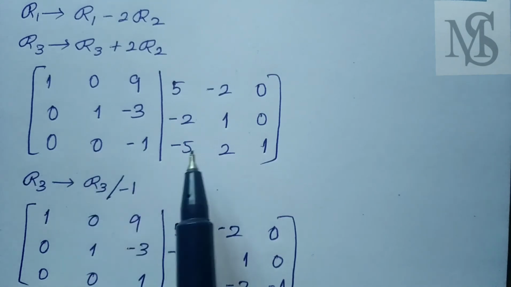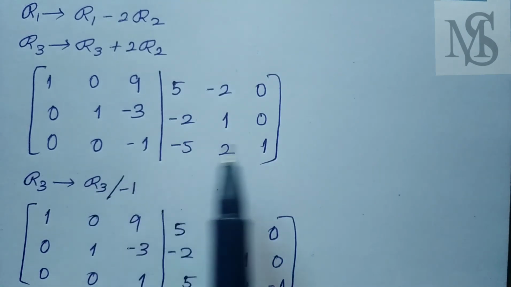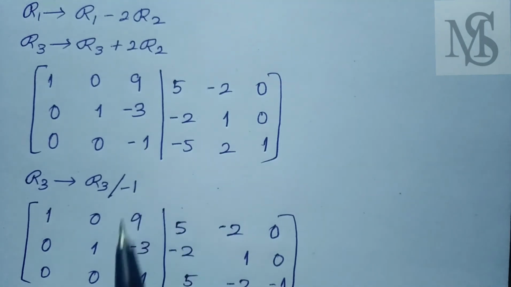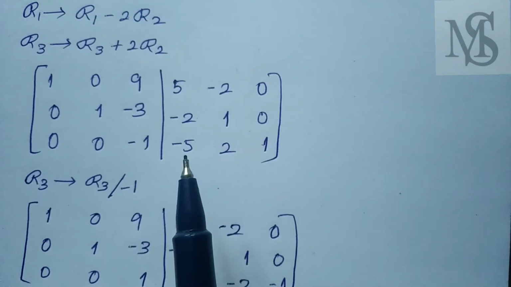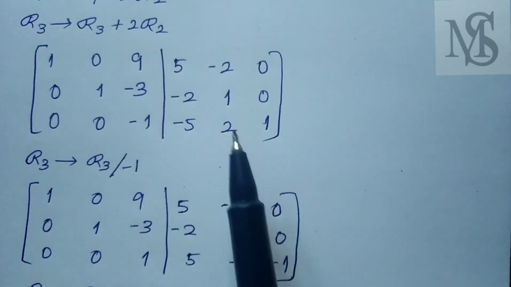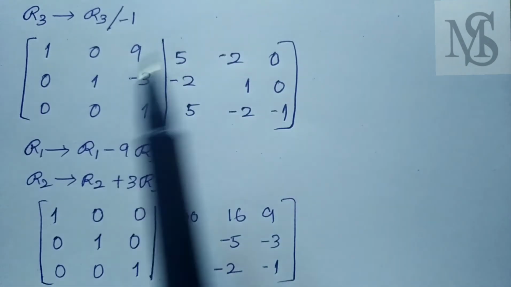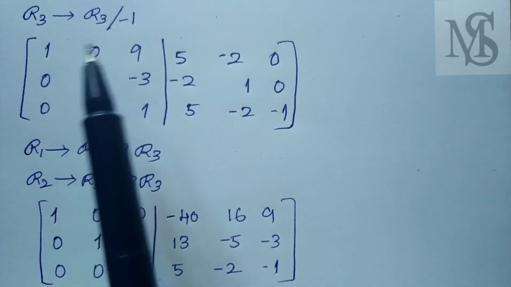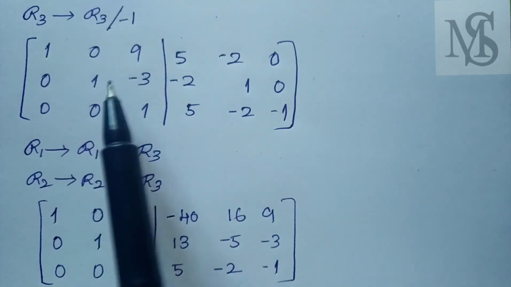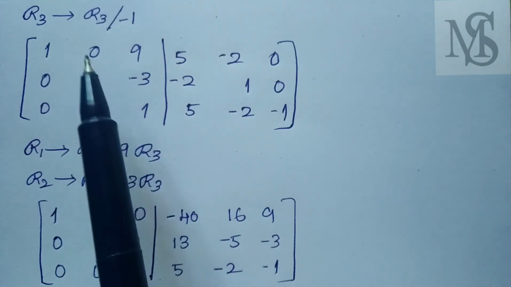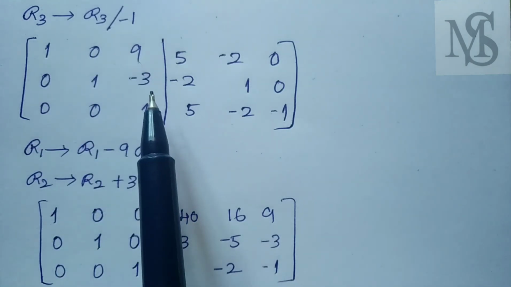If we divide R3 by minus 1, all the values will change into the opposite sign, that is minus 1 will become plus 1 and minus 5 will become 5, 2 will become minus 2 and 1 will become minus 1. Again you see in this matrix 1 0 9, 0 1 minus 3, 0 0 1. You see this has become the identity, and 9 and minus 3 are remaining.